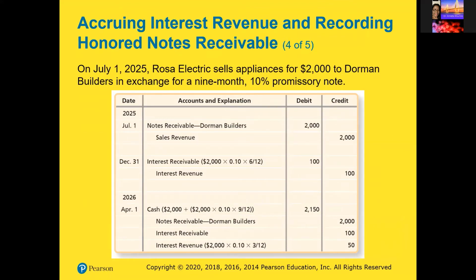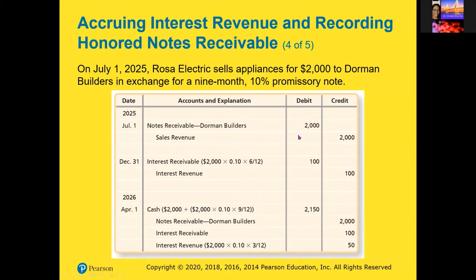On July 1st, 2025, Rosa Electric sells appliances for $2,000 to Dorman Builders in exchange for a 9-month 10% promissory note. Here are the journal entries.